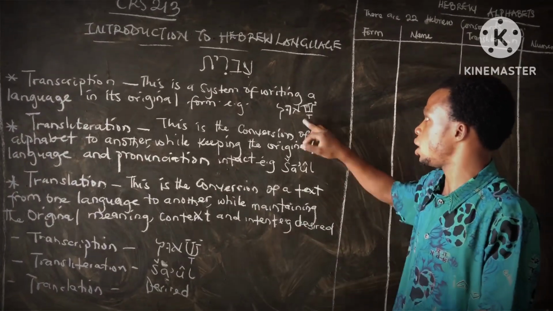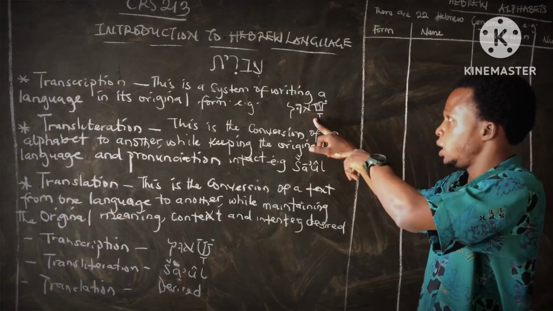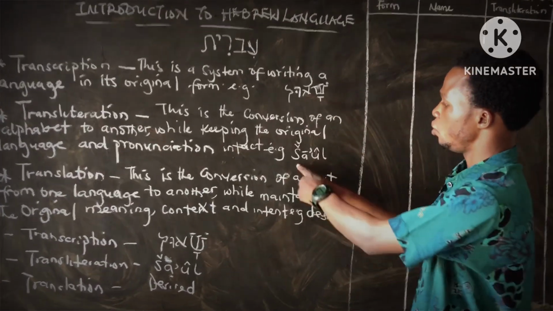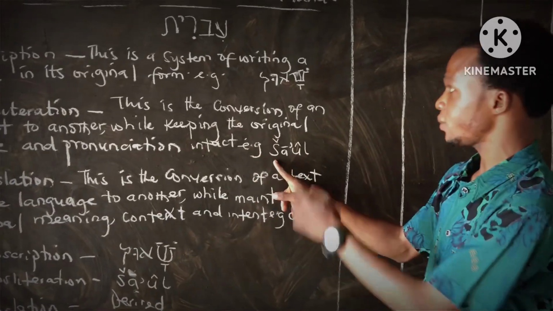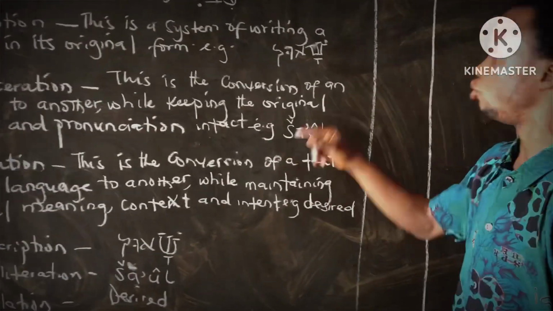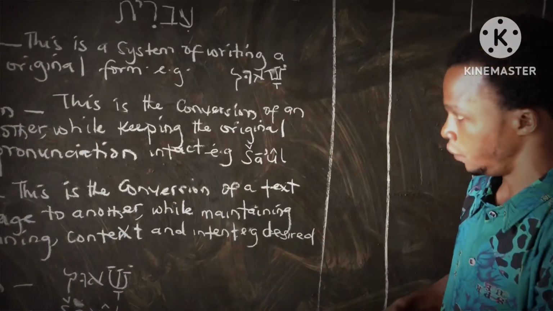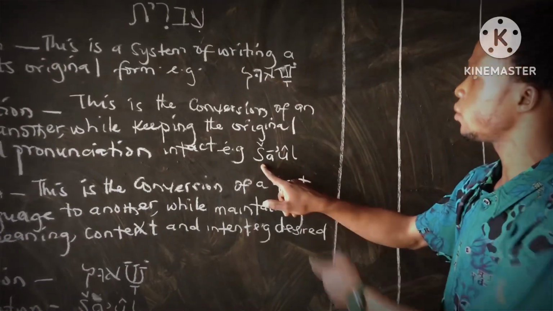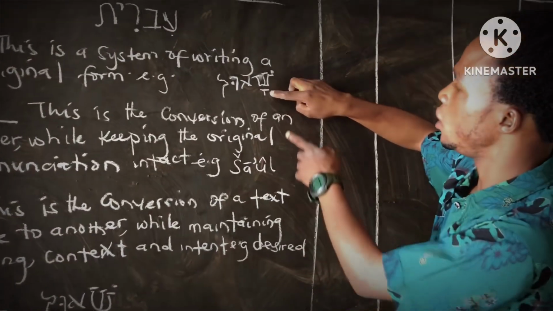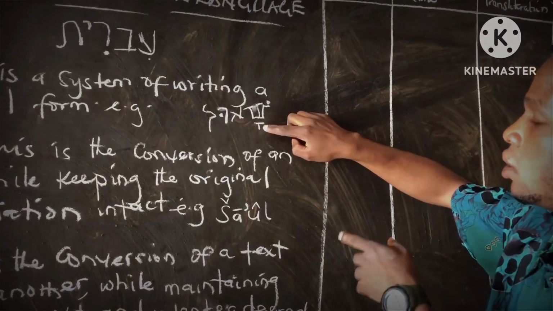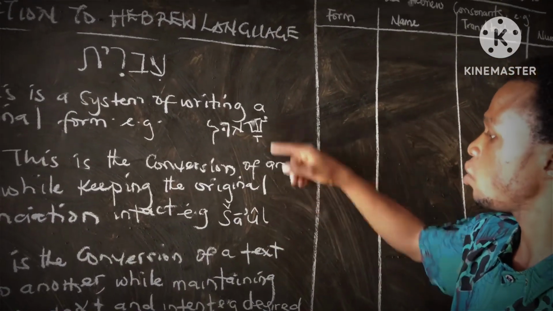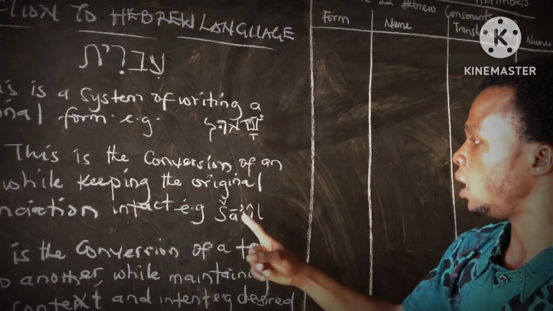For instance, the Shahul that was written in its original form has now turned to, we have used another alphabet to represent each of these. So this is Shin. This is the vowel A, the long A. We also have Aleph here.